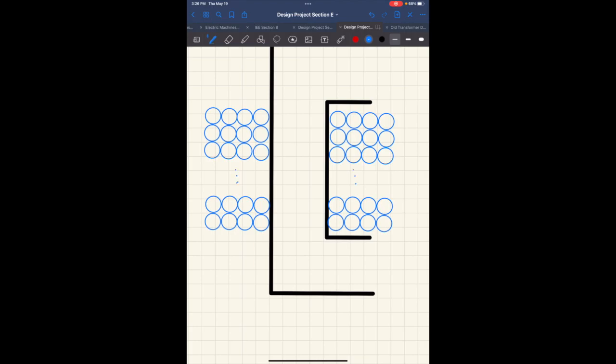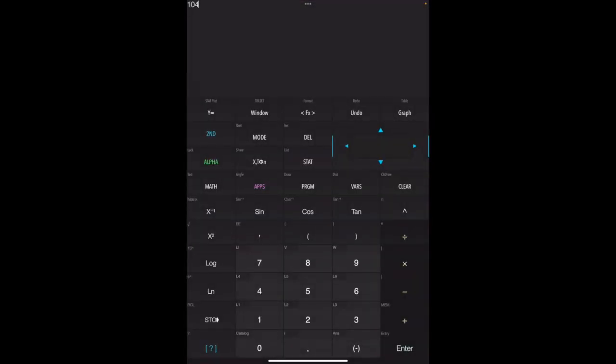Dot, dot, dot, dot, dot, dot. If we take 104, that's the total number of turns we need, and we divide it into 4 layers, that means we only require 26 turns in height, basically, vertical turns.